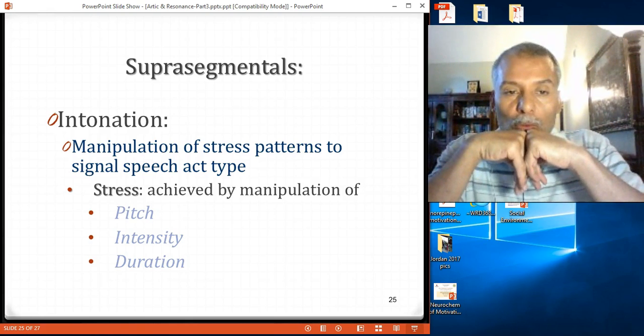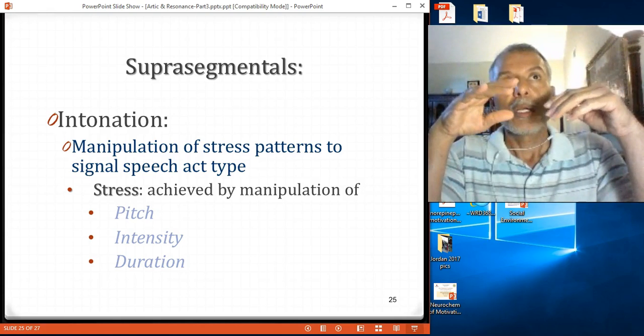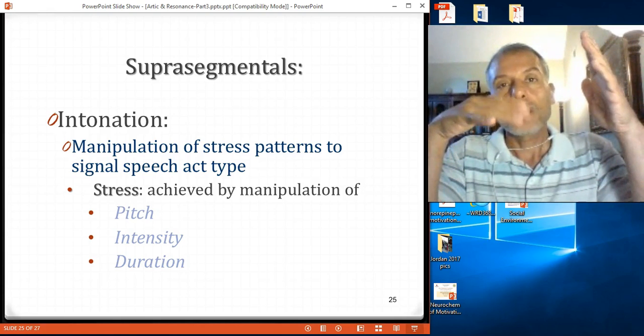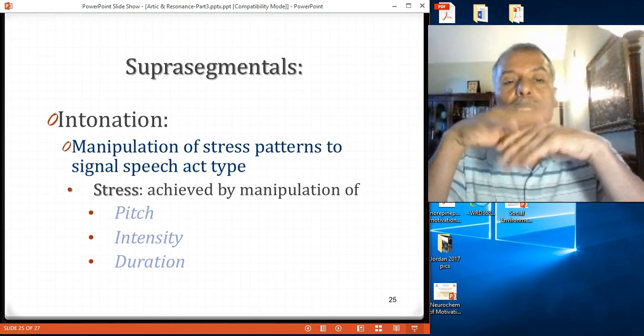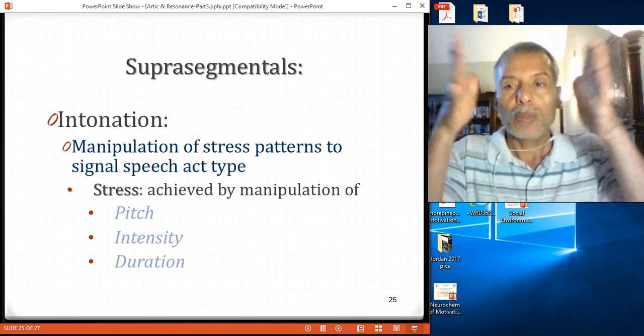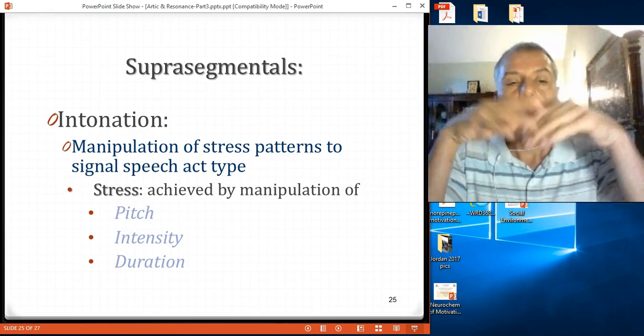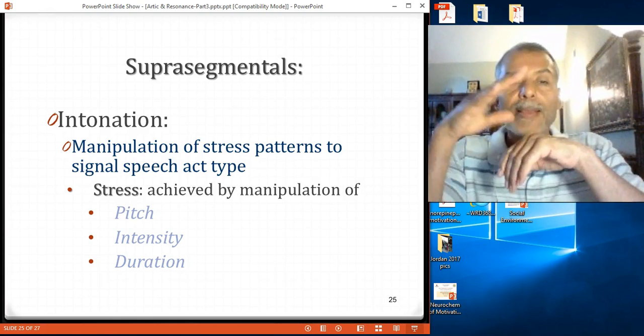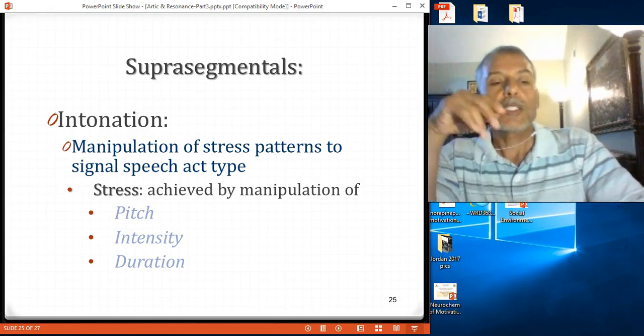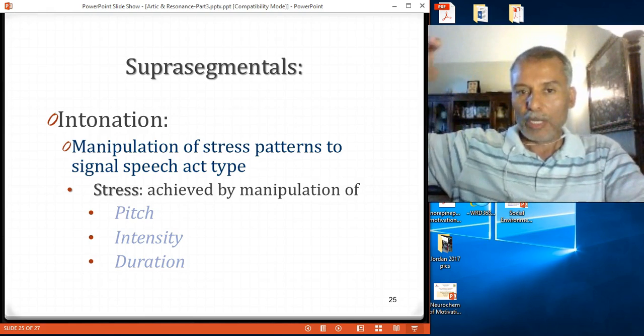The pitch of the sounds or words can be high or low, and intensity can be high or low. Duration is obviously how long it takes to say something. These things change as we speak, so that you can make your speech dynamic.